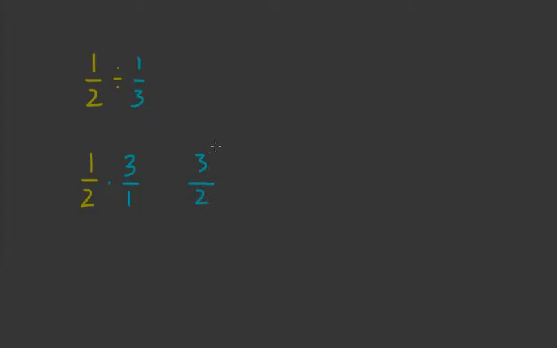You can verify that with a calculator, and you'll see that it really is 3 over 2. 1/2 divided by 1/3, just doing it on my calculator, sure enough, is 3 over 2, or 1 and 1/2, or 1.5.